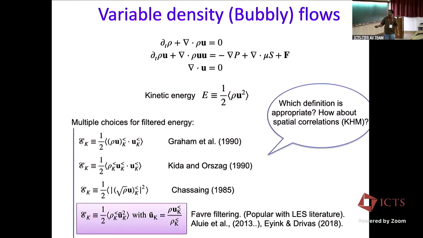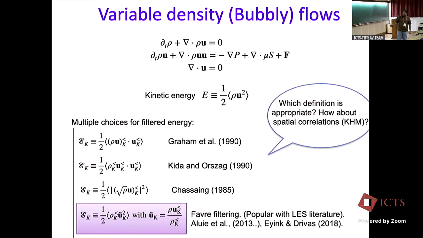You can define another definition of energy at a scale as filtered density times filtered velocity times filtered velocity. You can define another thing, which is the square root of density times velocity, filtered, multiplied into itself. And then, if you were from the engineering literature, you could define what is called a Favre filtered velocity, which became popular only recently through the works of Aluie and Eyink and Rivas, where you define a momentum weighted by the density.